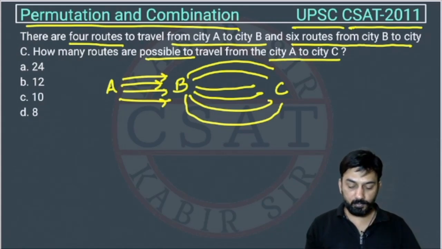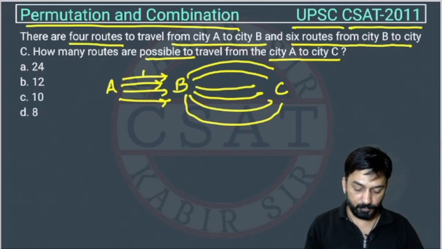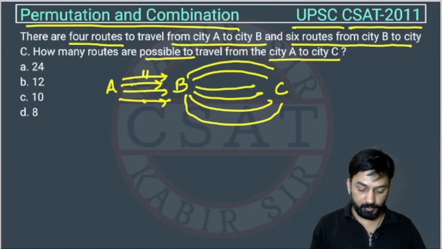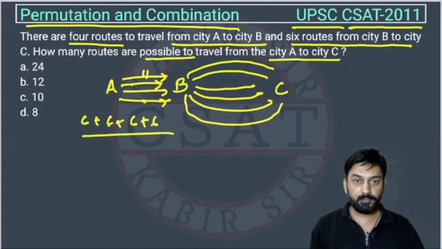How many ways can a person move from city A to C? Suppose he selects this route, so he reaches B, and after reaching B he has 6 possibilities. Similarly, with this route there are 6 possibilities, with this 6, and with this route also 6. So this will be 6 plus 6 plus 6 plus 6, and this will be the answer.